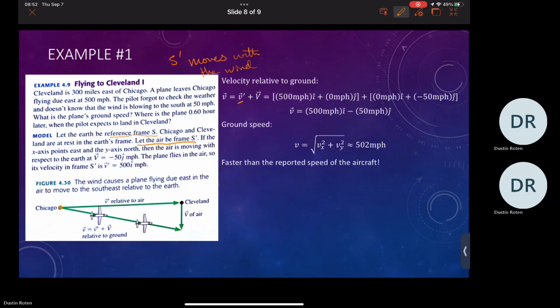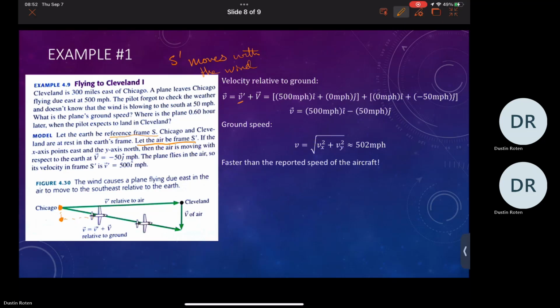So our origin starts here, both origins, the origin in the wind and the origin on the ground. So after some time, our origin moves down here. But since the wind is also blowing at our origin point, it looks like the plane is still just moving to the right of the wind origin.